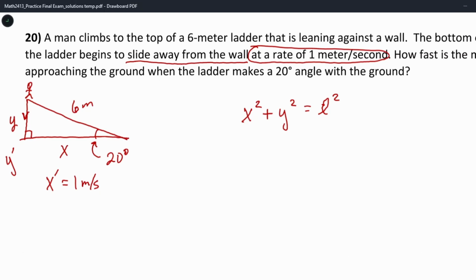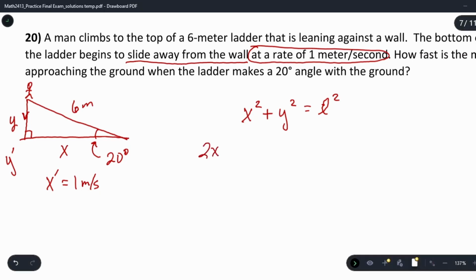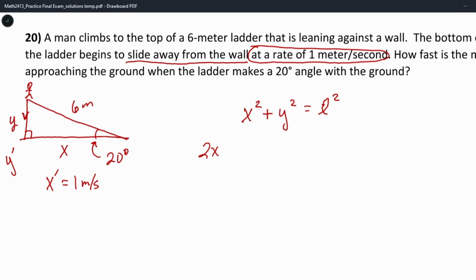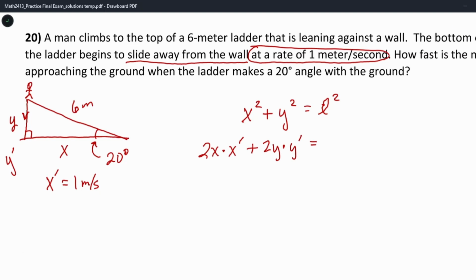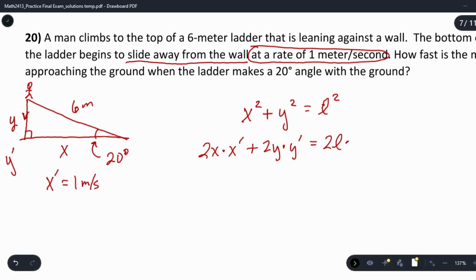Then I'm going to differentiate that equation. We have the derivative of x squared, which is 2x, times the rate of change of x, plus the derivative of y squared times the rate of change of y, plus the derivative of L squared multiplied by the rate of change of L.